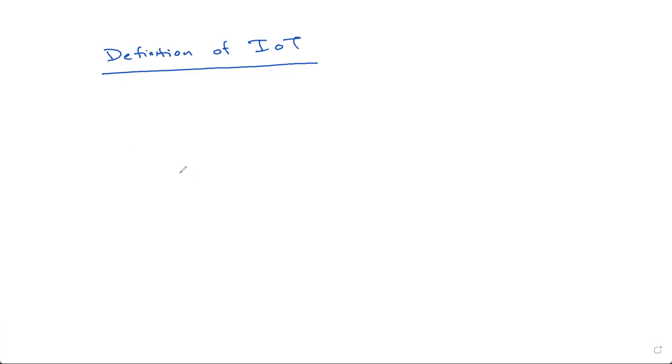IoT is a term that relates to sensors, like multiple sensors and devices, and sensor based embedded systems.